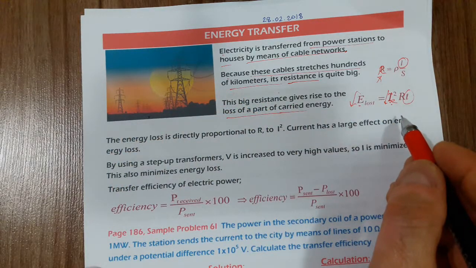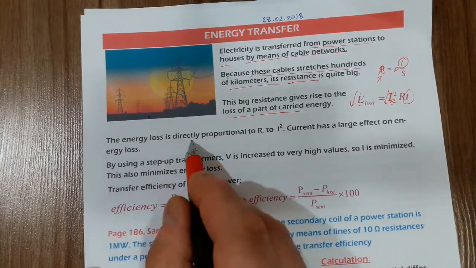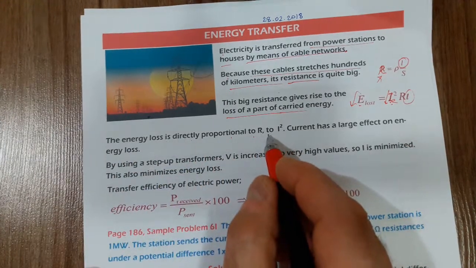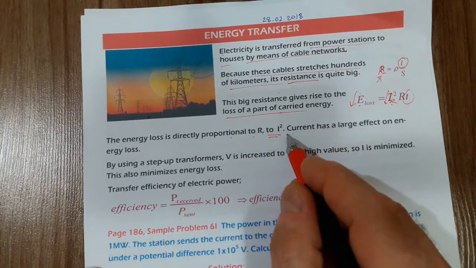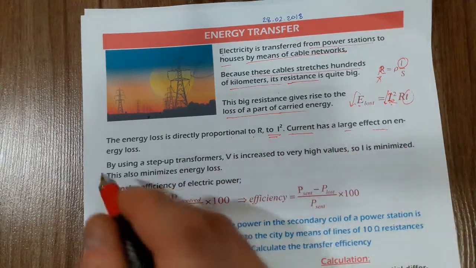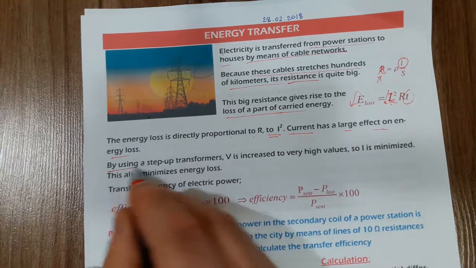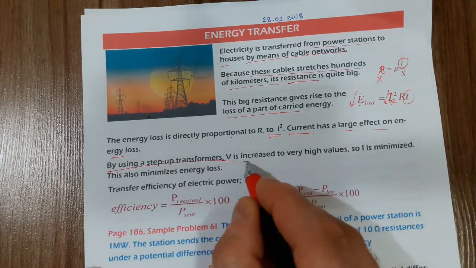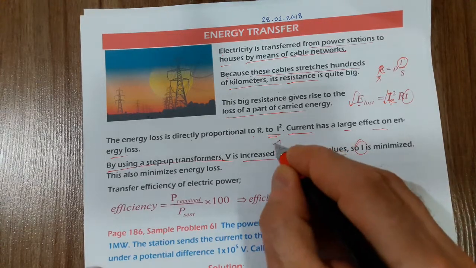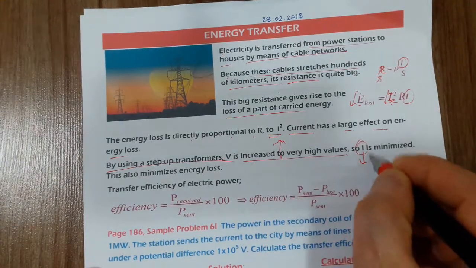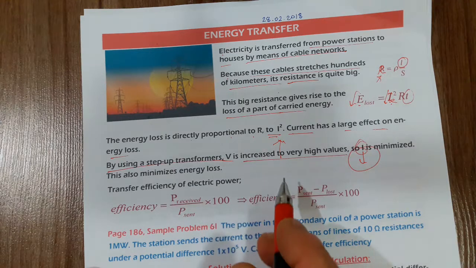That's why we should decrease the electric current while transferring energy from the power plants to the houses. The energy loss is directly proportional to R, and directly proportional to the square of the current. Current has a large effect on the energy loss. So by stepping up the potential difference, the electric current is minimized.